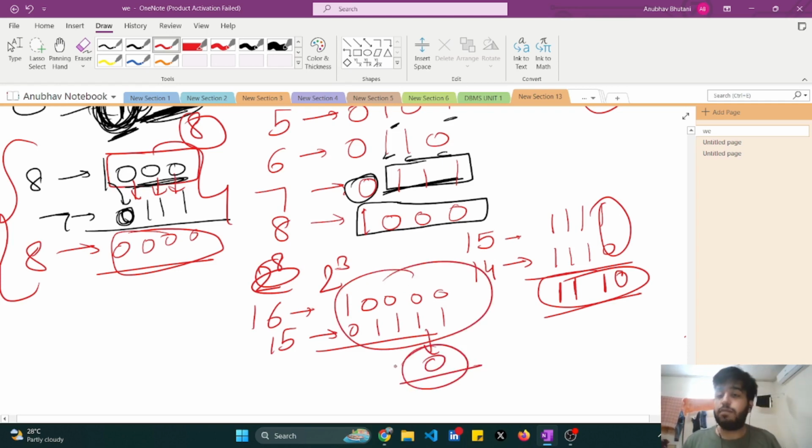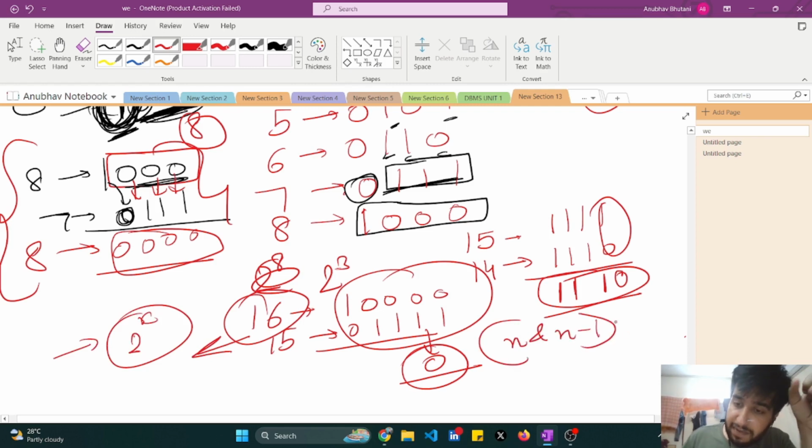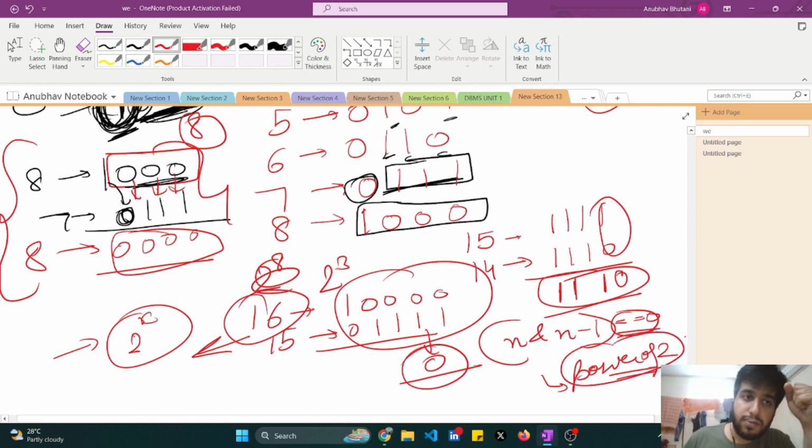So this has become an identification mark of all those elements that are a power of 2: if I do n AND n minus 1, and that turns out to be 0, then it means it is a power of 2.